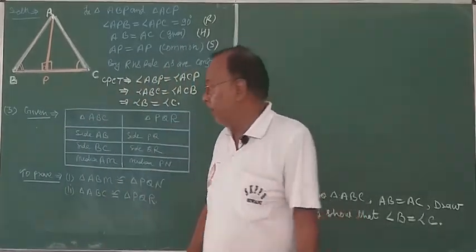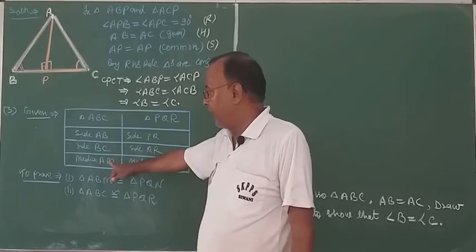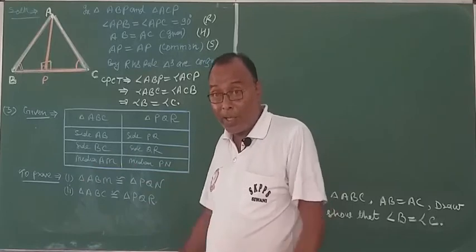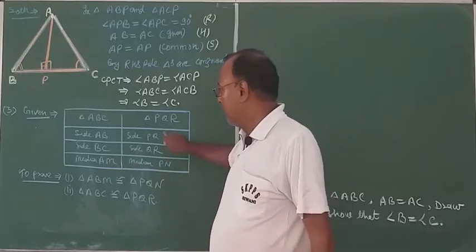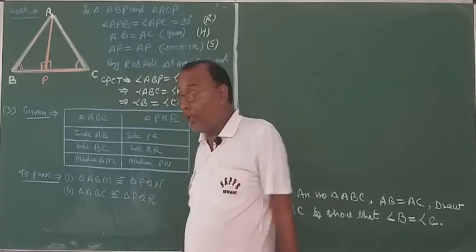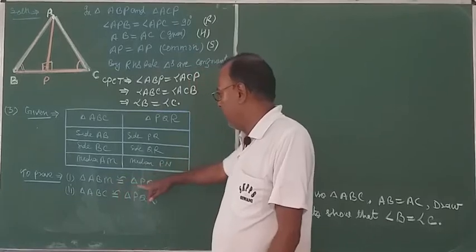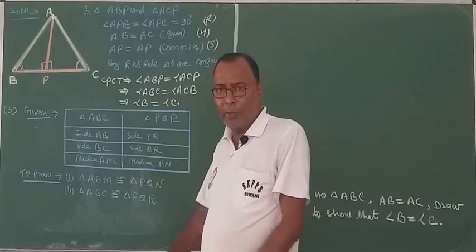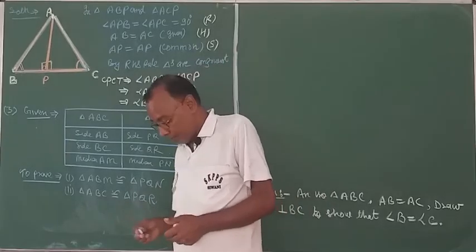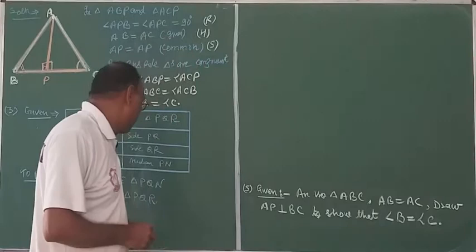Sides AB, BC and median of triangle ABC are respectively equal to the sides PQ, QR and median PN of another triangle PQR. You have to prove that triangle ABM is congruent to triangle PQN, and triangle ABC is congruent to triangle PQR.